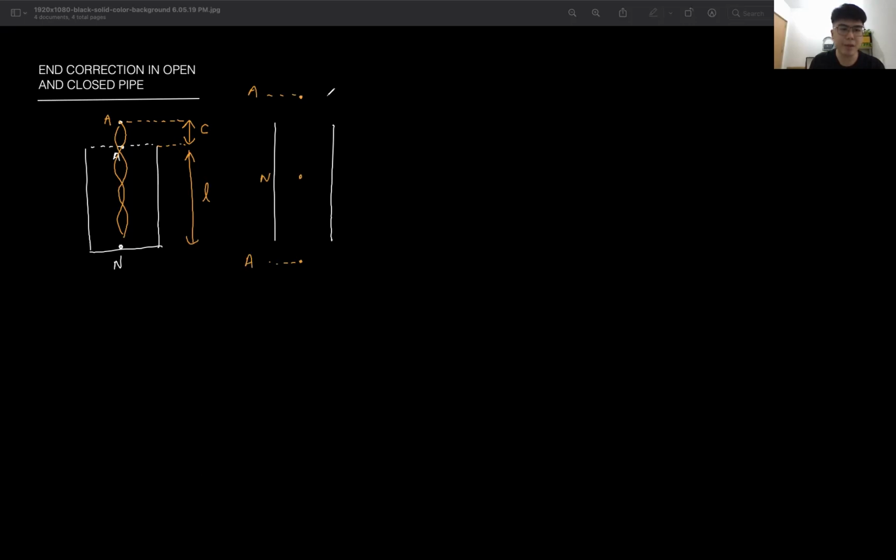So here I would take C, and then here is another C. You get 2C plus the length of the tube L. Then we have to do a little bit of adjustment to our formula, our derivations.